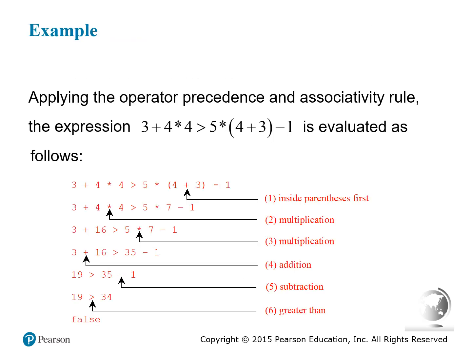Now consider an example. We start evaluating with the inside parenthesis first. We notice that there are no exponents in the expression, so moving left to right, we look for multiplication and division. And we evaluate the first multiplication, followed by the next multiplication. Now we move left to right again, looking for subtraction and addition.